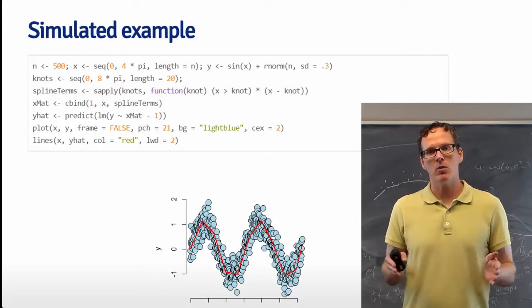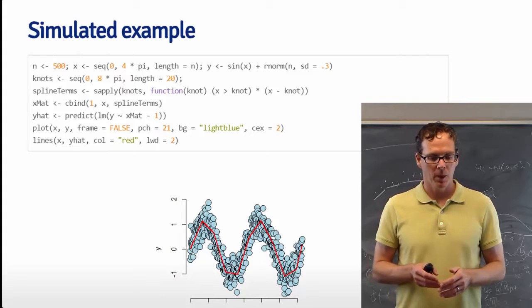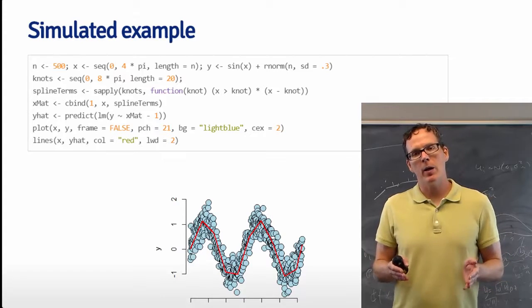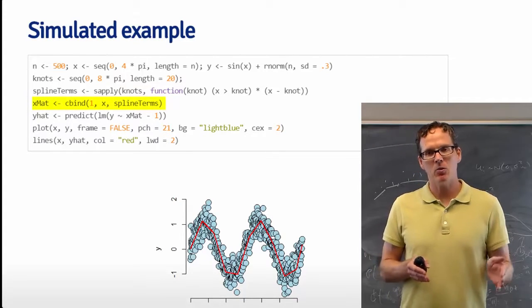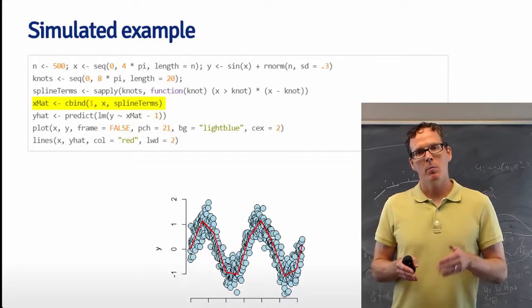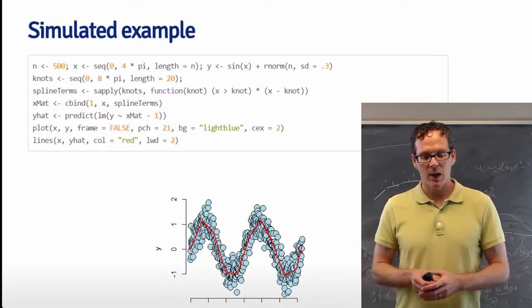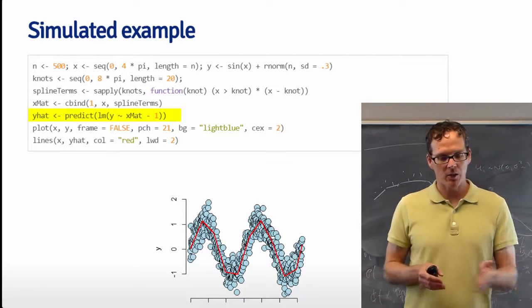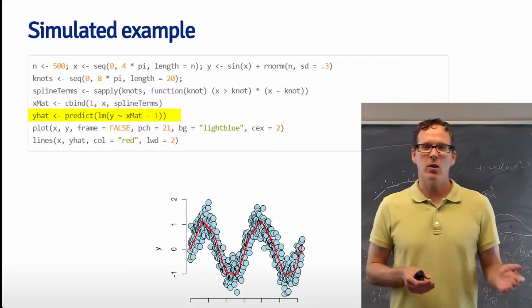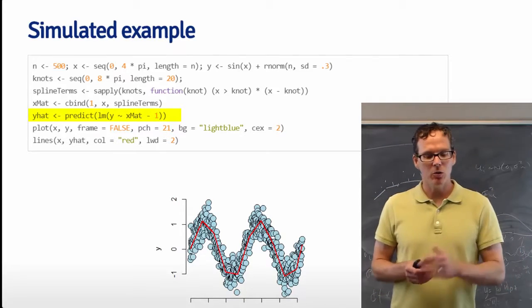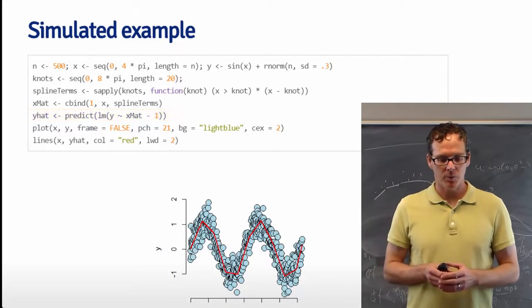So now I have a matrix of these knot terms, and I create my X matrix by adding an intercept term, which is just a constant, my slope coefficient term, which is just X by itself, and then these spline terms. Then I just fit a linear model: Y is this collection of predictors. I took out the intercept because I included the intercept in my X matrix.